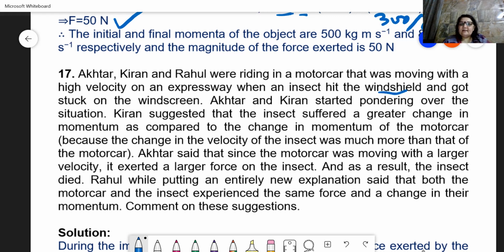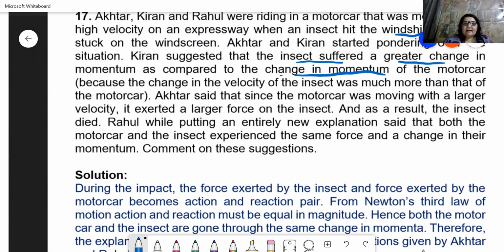You can see here, all of them gave their own suggestions. First Kiran suggested that the insect suffered a greater change in momentum as compared to the change in momentum of the motor car. Akhtar said that the velocity of the insect was much more than that of the motor car, so the motor car was moving with a larger velocity, it exerted a larger force on the insect, and as a result the insect died.